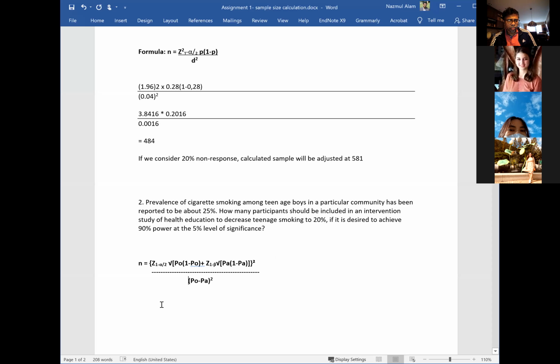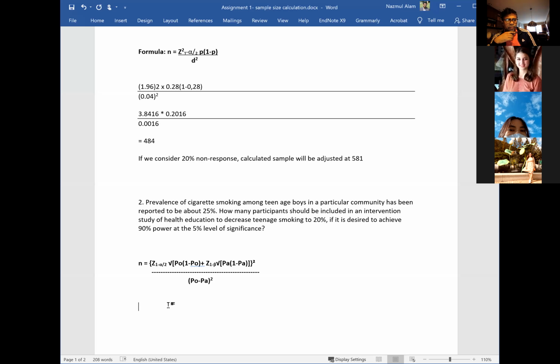It will match with 1.96. For the other one, 90% power, what is the Z of beta? I got 1.282. Exactly. So 1.28 for 90% power.